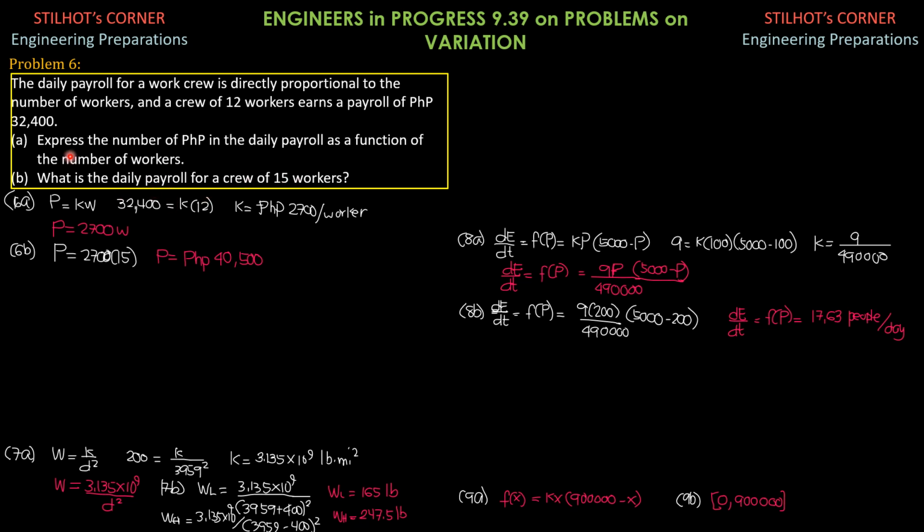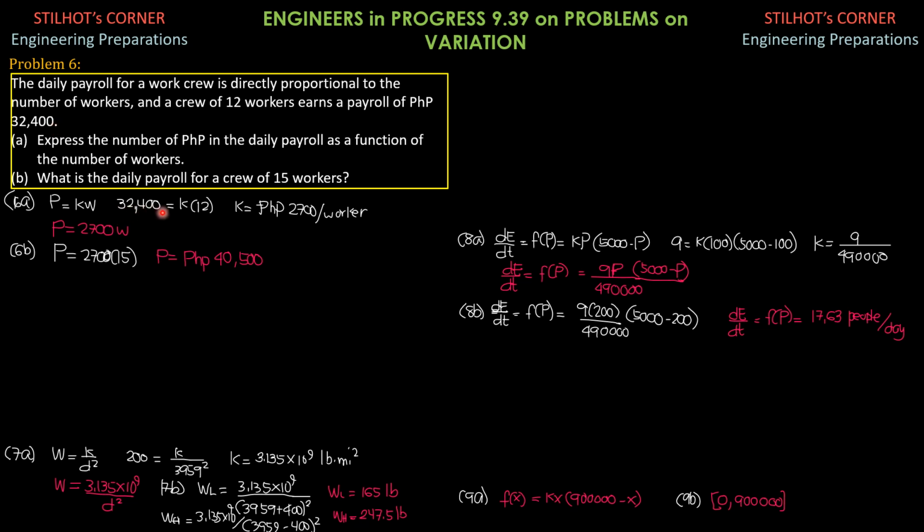So for part A, we have to derive the formula first. Daily payroll P is equal to constant of proportionality times the number of workers. I just call it W, or you may call it N. Then for a crew of 12 workers, they earn a payroll of 32,400.